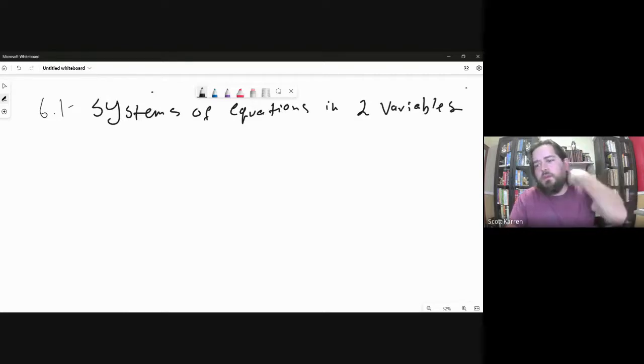Okay. So for a system of two variables, in order to solve these, typically you're going to need two equations. A lot of times you'll see it as two equations bound by a curly bracket.